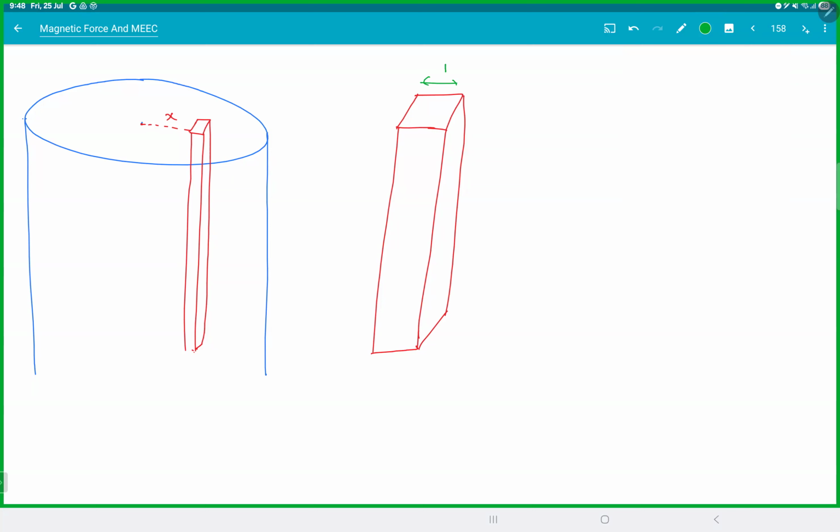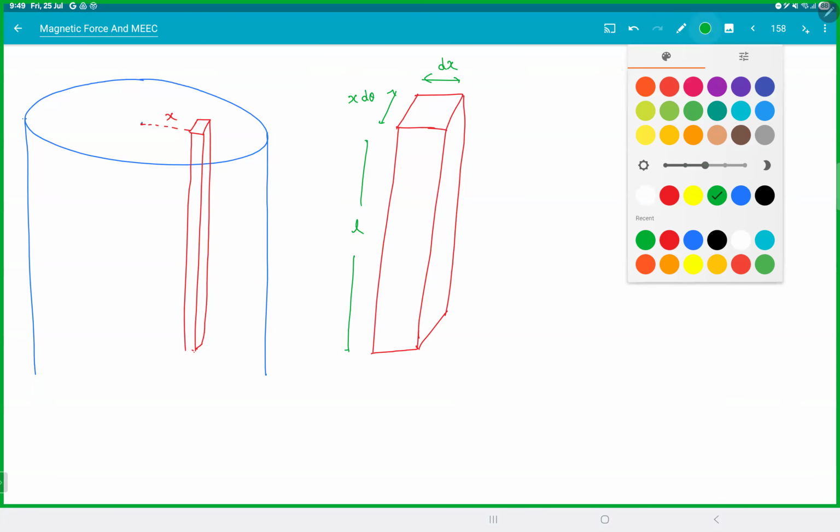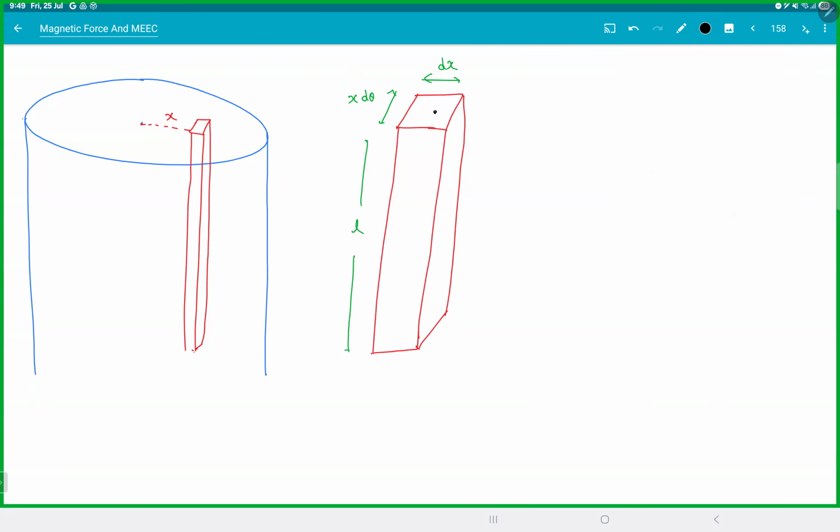This will be dx. This will be x d theta. This will be length. Current is flowing here, right? This is the current I.